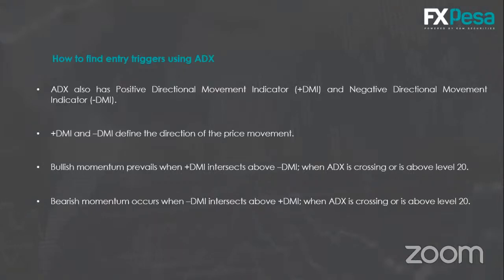A bearish momentum occurs when negative DMI intersects above positive DMI if ADX had crossed above 20, or if subsequent to that, you're going to have ADX crossing above 20. So what do I mean by this?